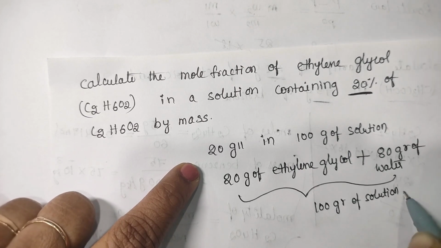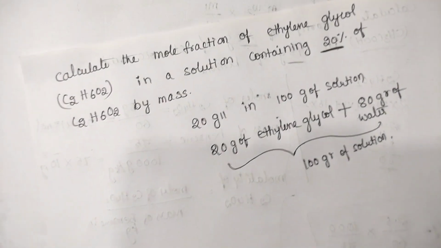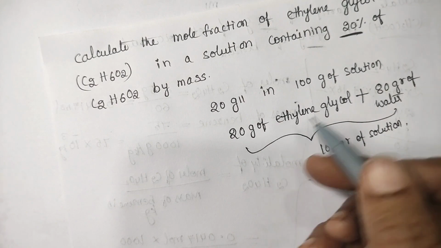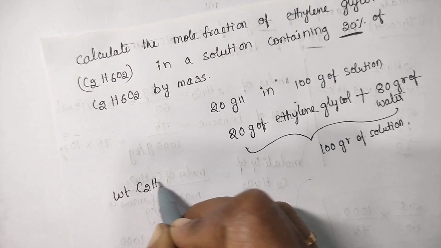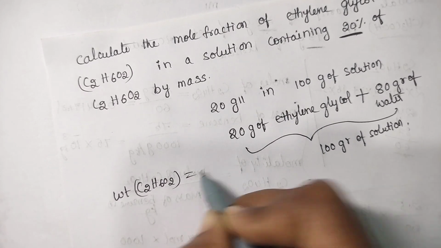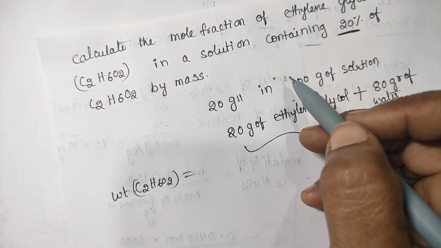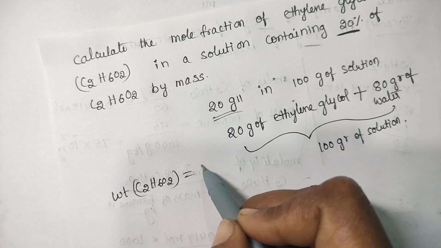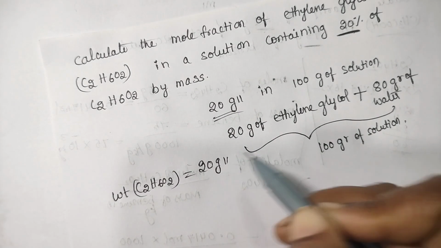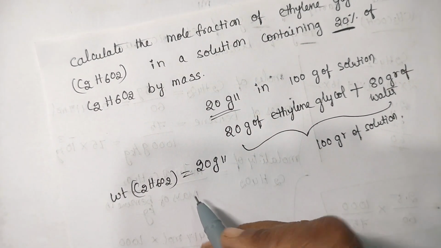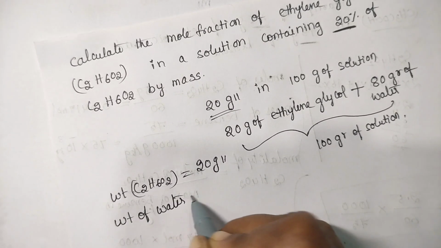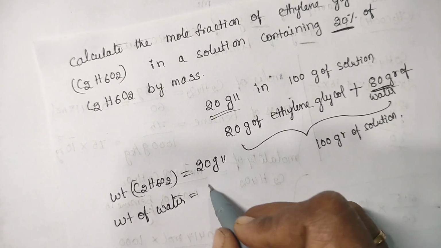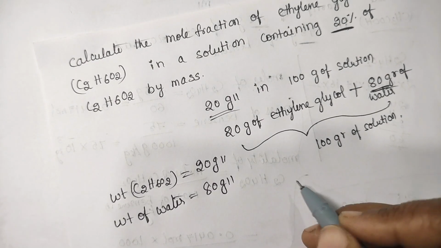Now we can calculate first what is the weight of ethylene glycol. Weight of ethylene glycol will be 20 grams. So weight of water will be how much? 80 grams.